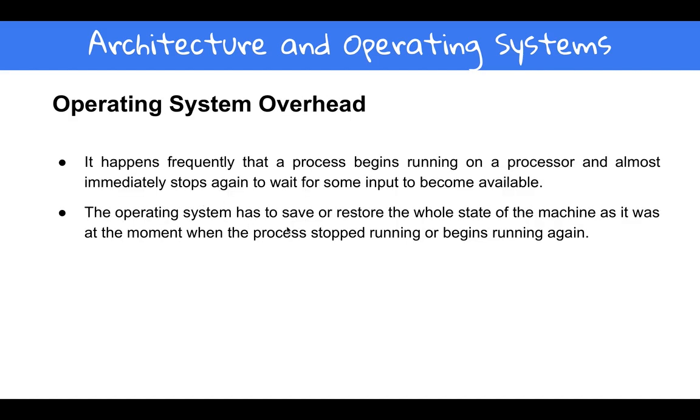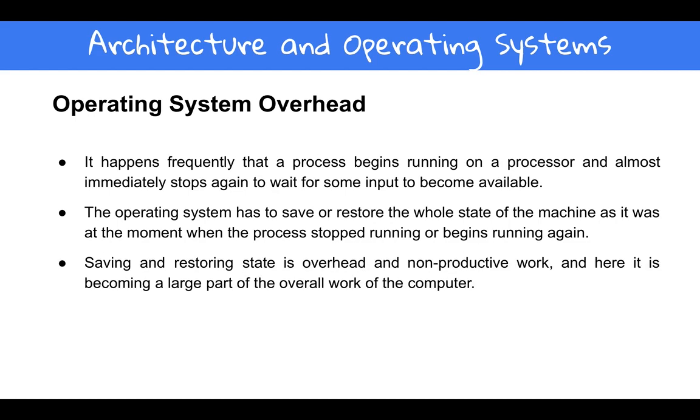The operating system has to save or restore the whole state of the machine as it was at the moment when the process stopped running or begins running again. This saving and loading of the data between each part of the process being executed is an overhead.